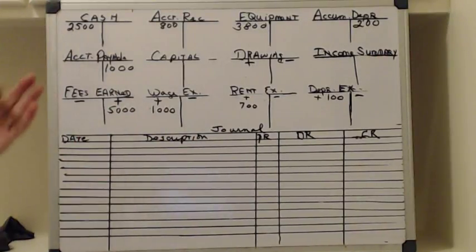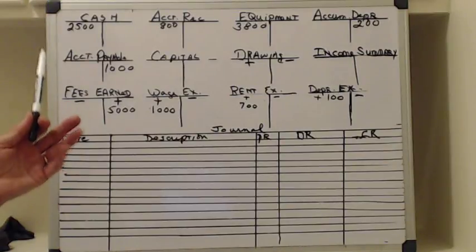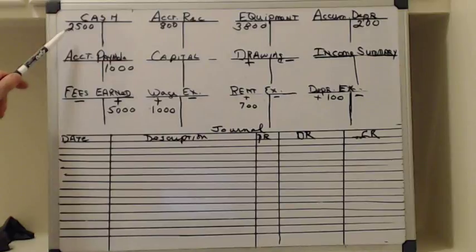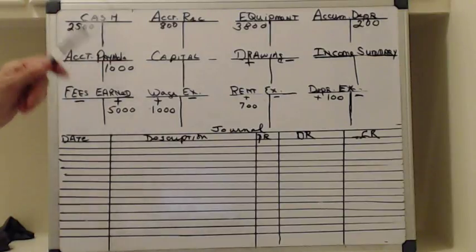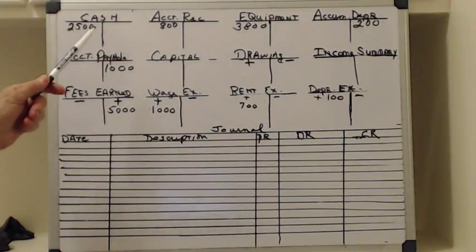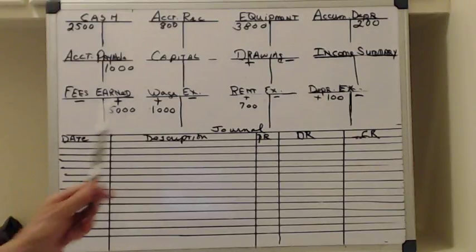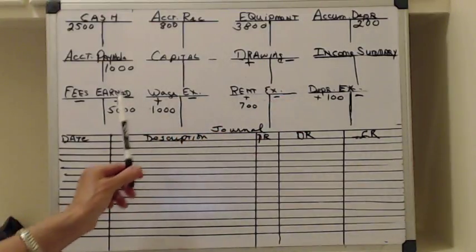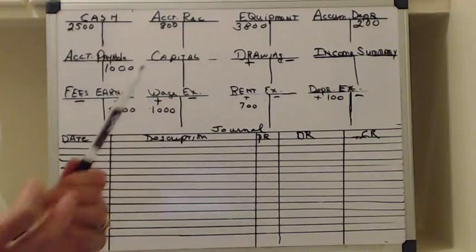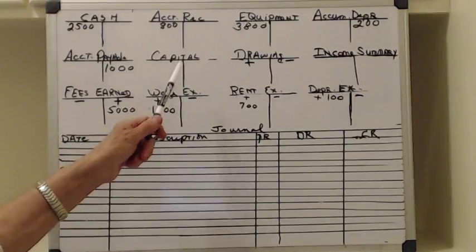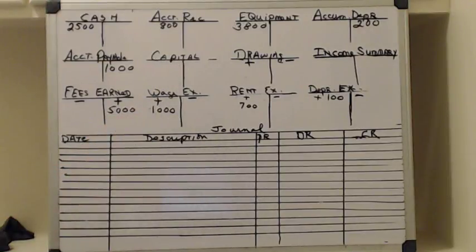Cash, for instance, at the end of July the 31st at 11:59 at night, if you have $2,500 in the bank, at 1 minute after midnight on August the 1st, you're still going to have $2,500. That balance carries over to the new month. So we're going to close out our temporary accounts to get these accounts ready to accumulate the balances for the next month. And we're going to also update our capital account.